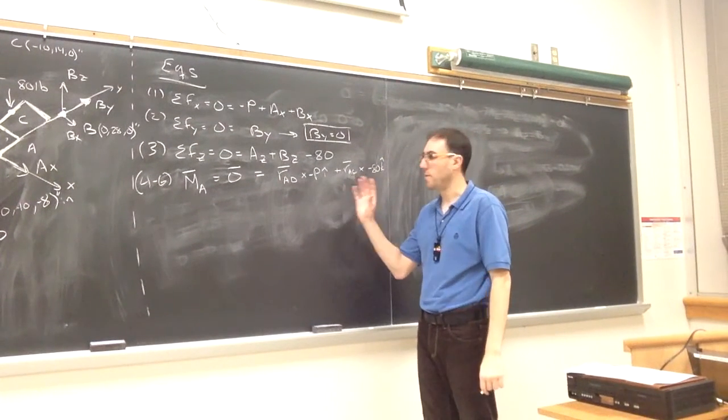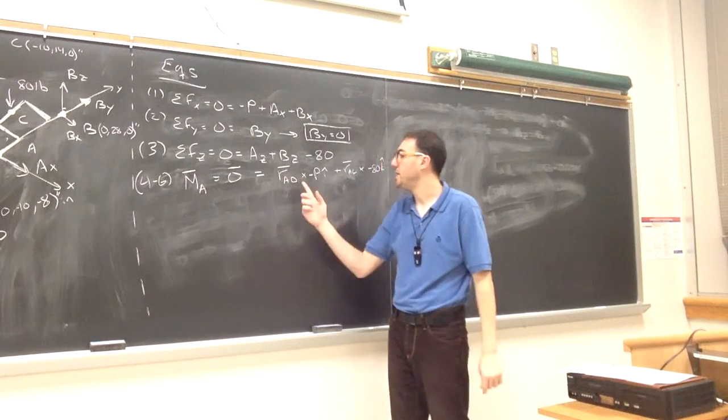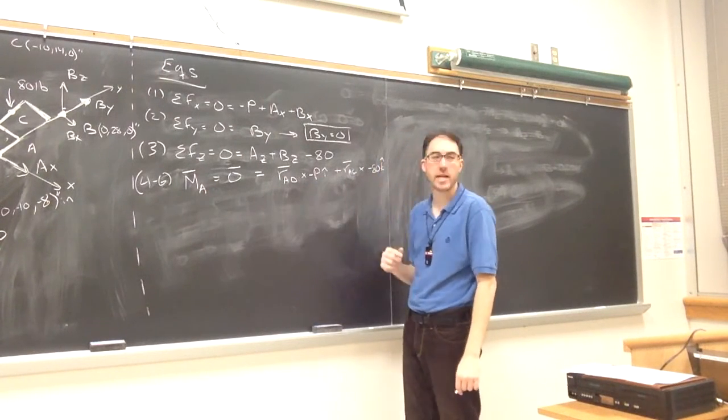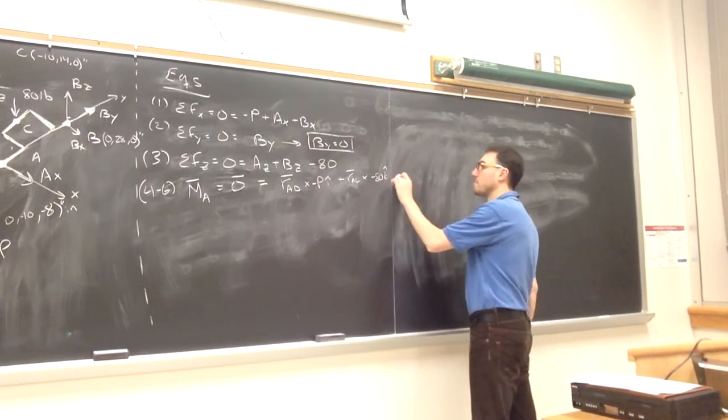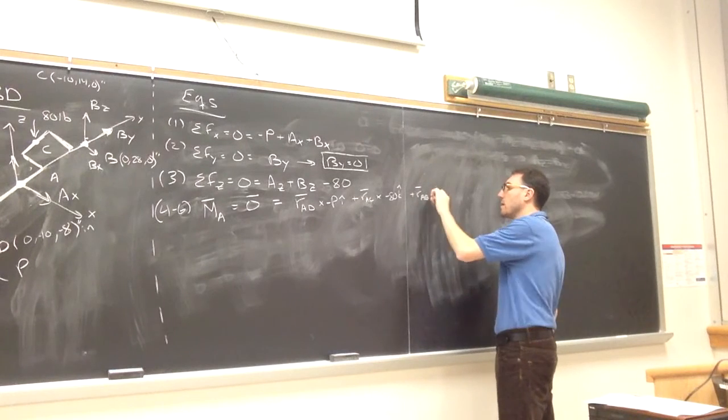Again, just to reiterate, we're taking the moments about point A. All of these position vectors will start at A, and they will all end where that particular force is being applied. The last one, RAB.